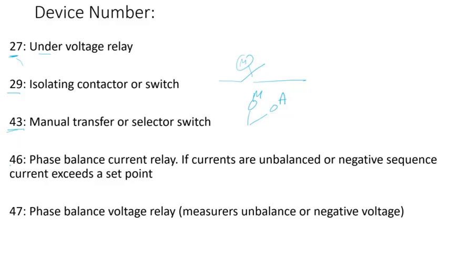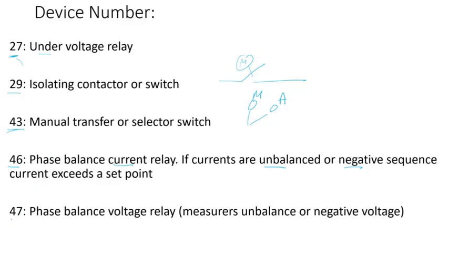Device 46 is a phase balanced current relay. So if the currents are unbalanced, or the measured negative sequence current exceeds a set point, then obviously it will do whatever you set it to do.